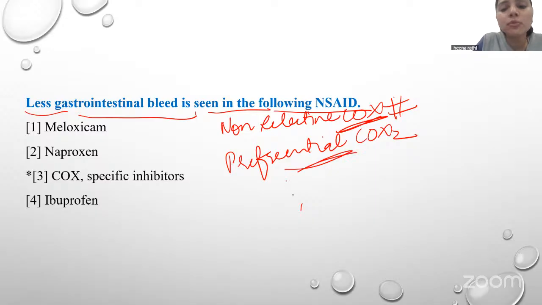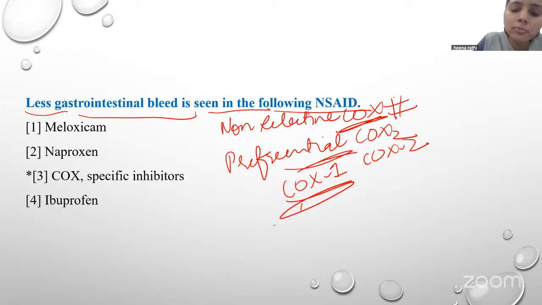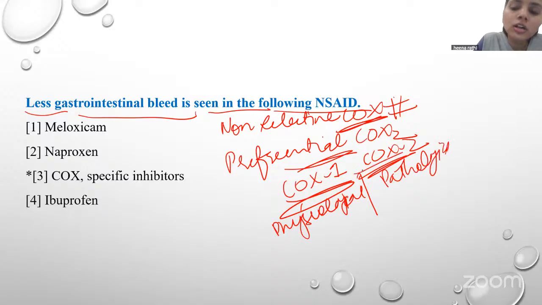Preferential means we have seen this COX enzyme, it is COX-1 and COX-2. This COX-1 is present in normal physiological conditions, but this COX-2 is present in the pathological conditions only. So in the pathological condition, COX-2 is present, and if the drug is preferential, it means 90% of the drug is going to block the COX-2, but 10% it is going to block COX-1 as well.